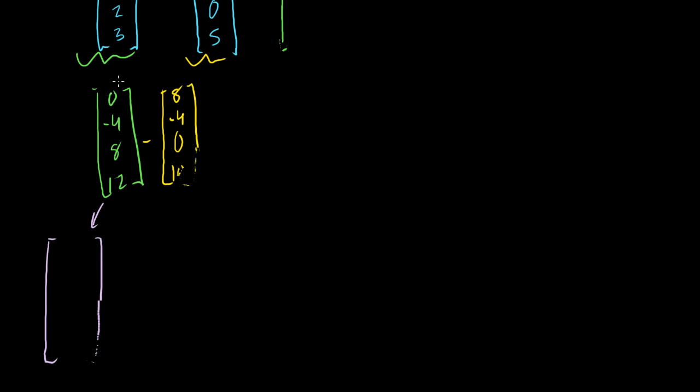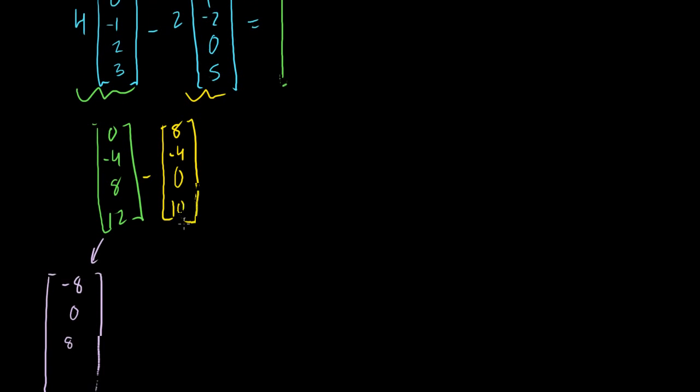What do we get? 0 minus 8, minus 8. Minus 4, minus negative 4. So that's minus 4 plus 4, so that's 0. 8 minus 0 is 8. 12 minus, what was this? I can't even read what it says. This was a 10. Oh, now you can see it again. It's very bizarre. 2 times 5 is 10.